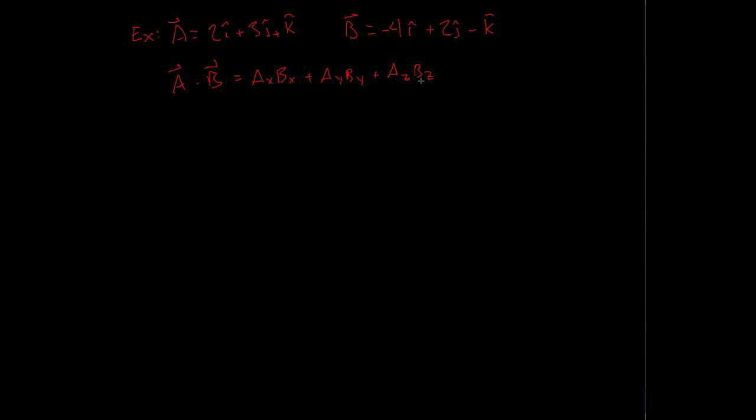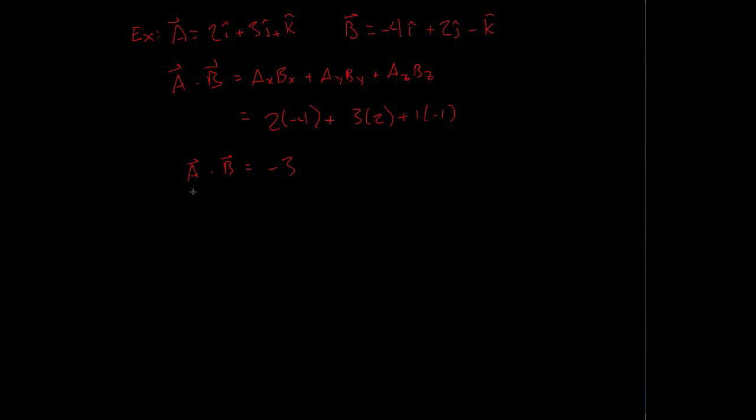So if we do that, using our components up here, we get 2 times negative 4 plus 3 times 2 plus 1 times negative 1. So our dot product comes out to be negative 3.